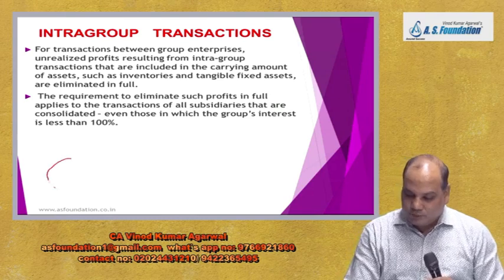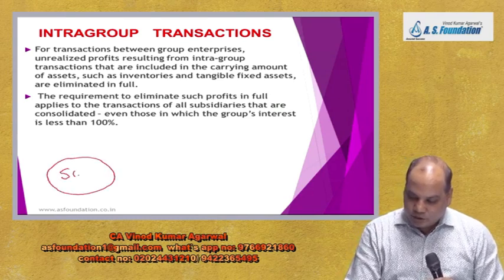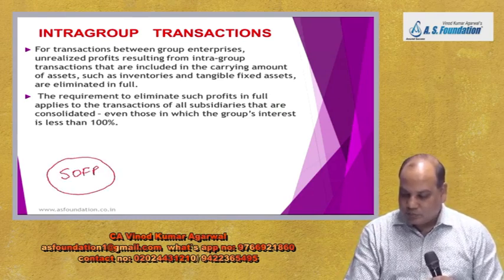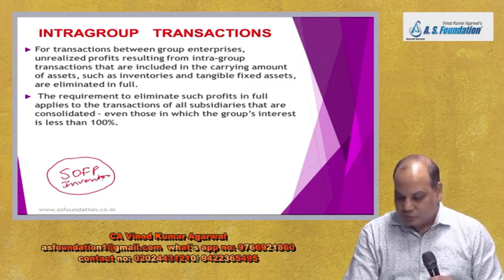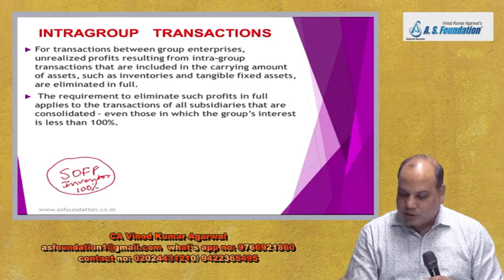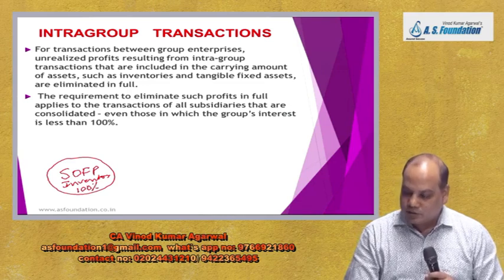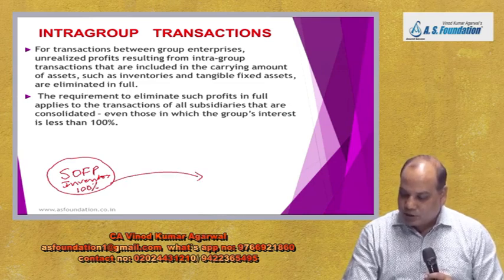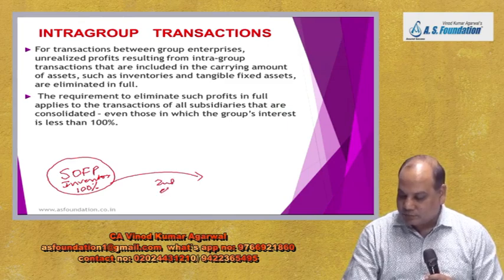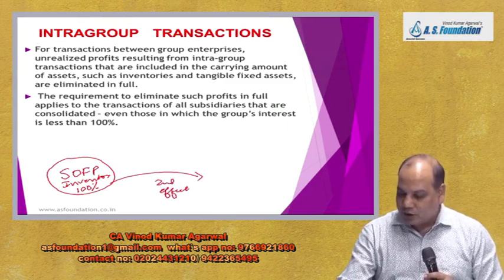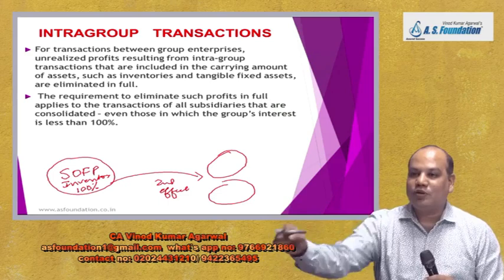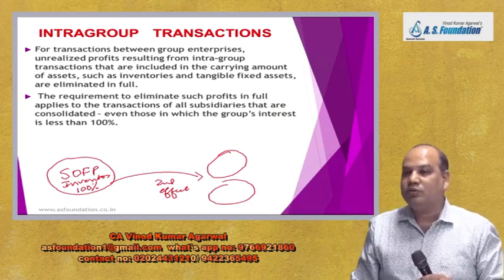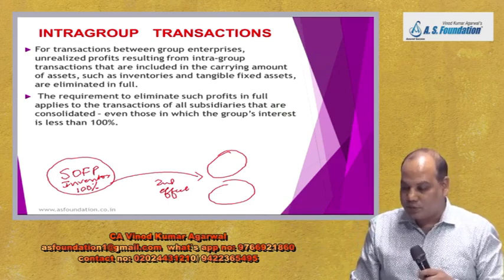Now, one effect will be in SOFP. Suppose SOFP has inventory. So eliminate 100% unrealized profit from inventory. The question is, where is the second effect? Second effect depends on whether subsidiary has sold to the parent or parent has sold to the subsidiary.